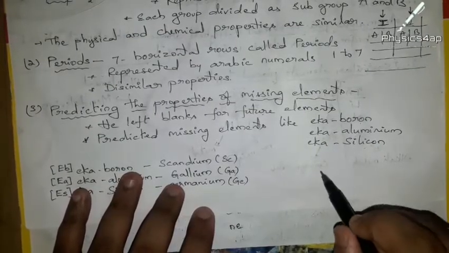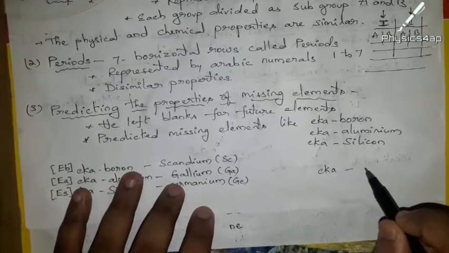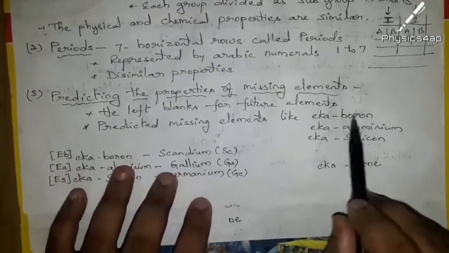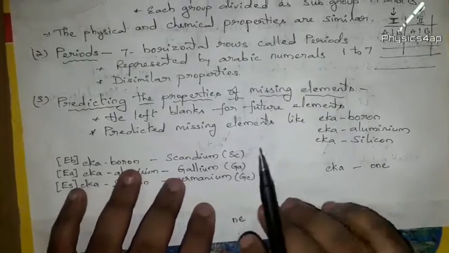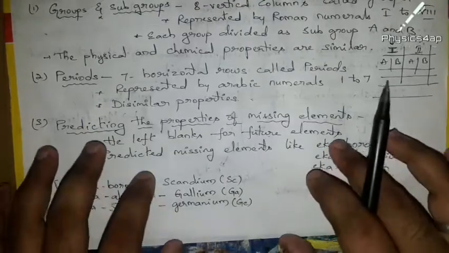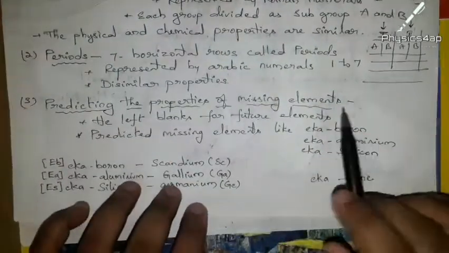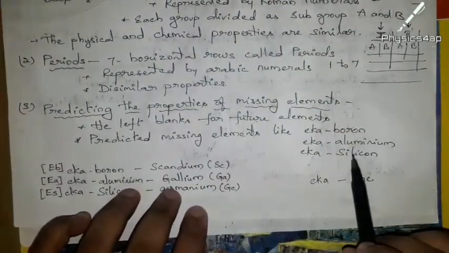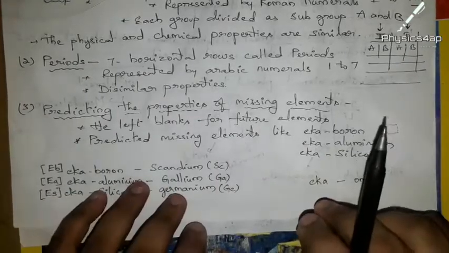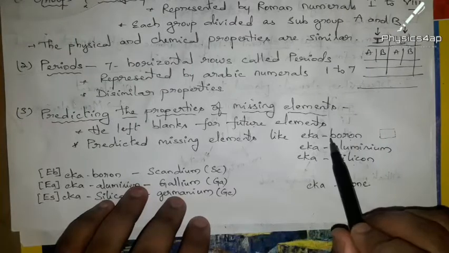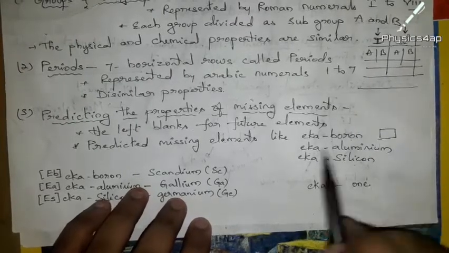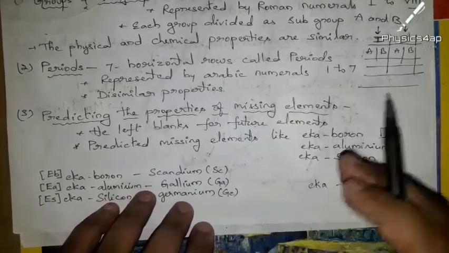Eka is a Sanskrit word which means one. The physical and chemical properties of Eka boron, Eka aluminium and Eka silicon were predicted by Mendeleev, and he placed them in his periodic table and gave their atomic weights and their chemical reactions with oxygen, halogens and others.